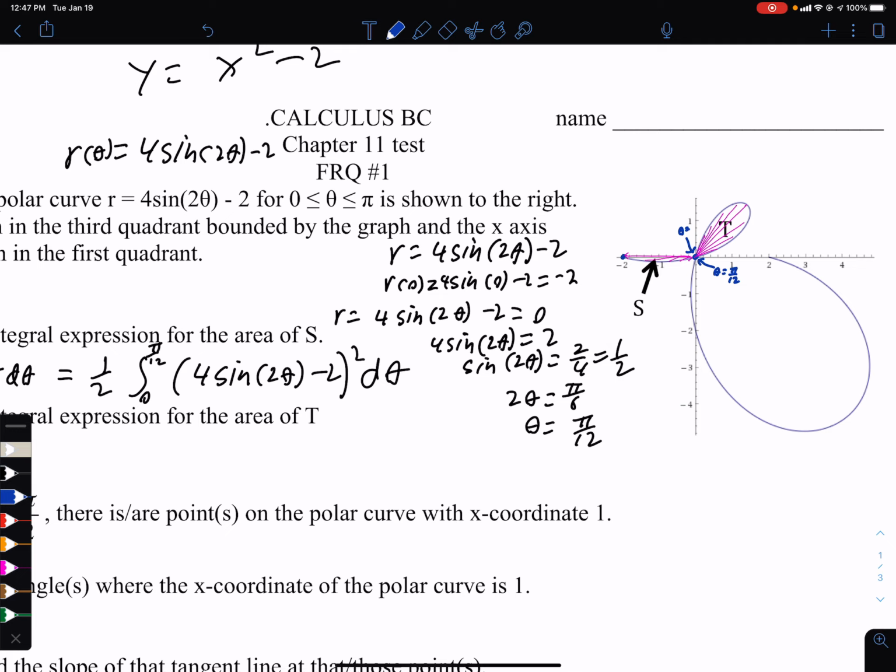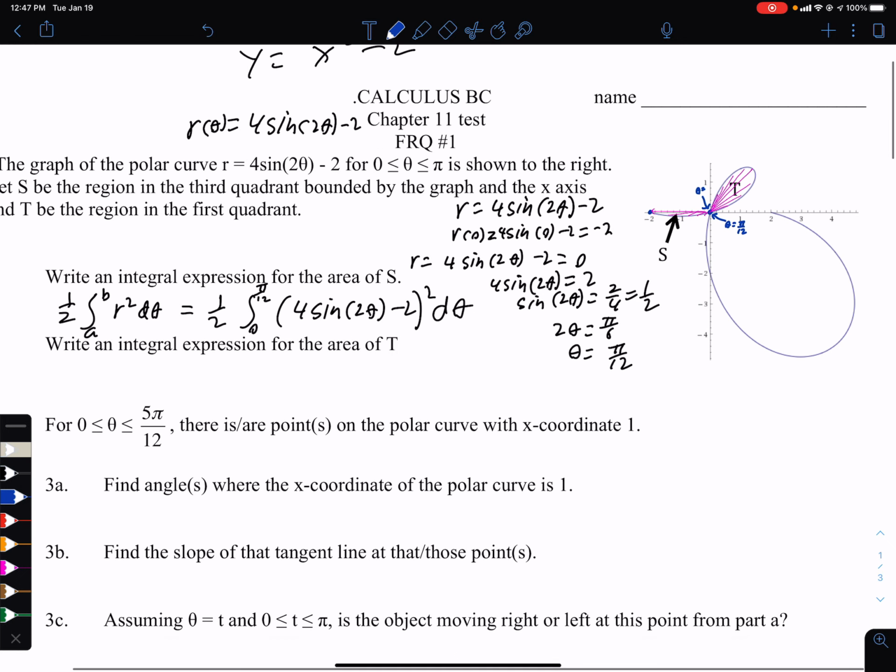So what's r at that point? Again, r is 0. So let's go back to this. R is 0. And you get to this statement, and you take the inverse sine of 1/2. Well, there's a bunch of angles that have a sine of 1/2. The first one being pi over 6. But if you continue, 5 pi over 6, and then 13 pi over 6, and it goes on and on.